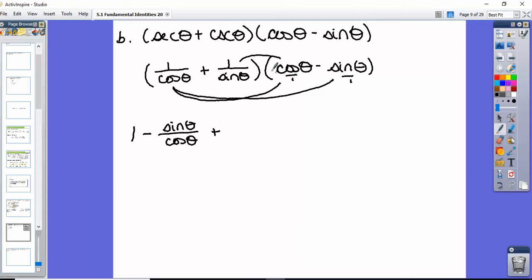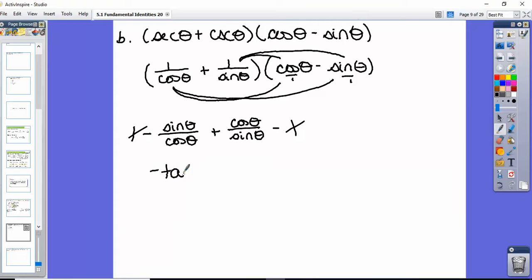Inside, this is like cosine theta over 1. So you multiply, you get cosine theta over sine theta. Last, multiply those, I get negative sine over sine, so negative 1. Positive 1 and negative 1 cancel.